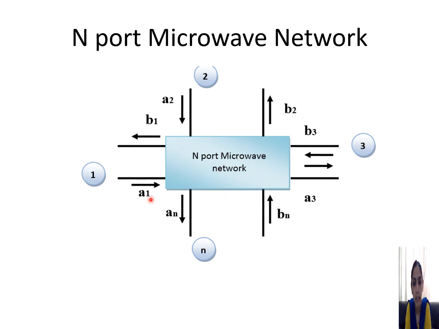Here A1, A2, A3, etc. up to AN represent the incident waves, and B1, B2, up to BN represent the reflected waves. We can connect these incident waves and reflected waves of our traveling wave by means of an S matrix. That is the characterization we use for a microwave hybrid circuit.